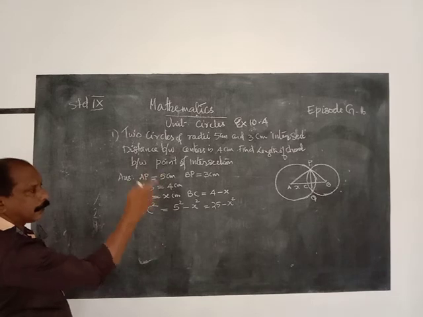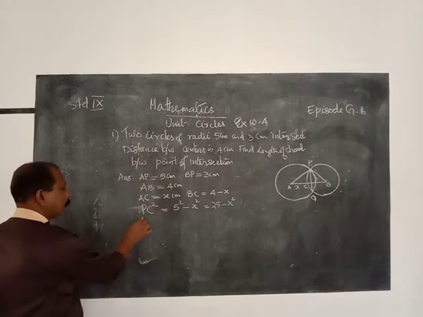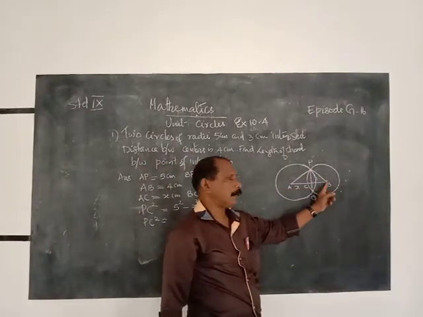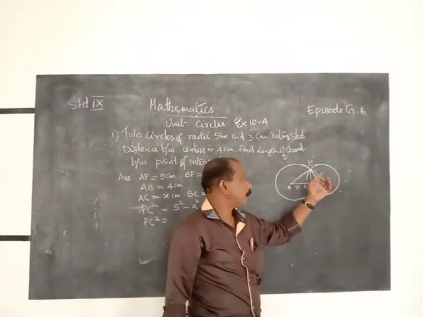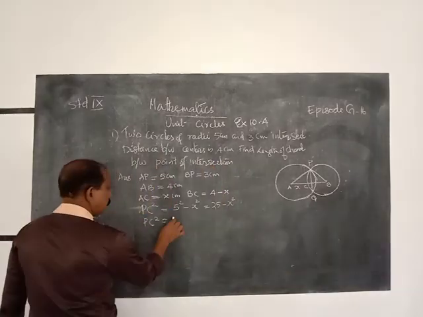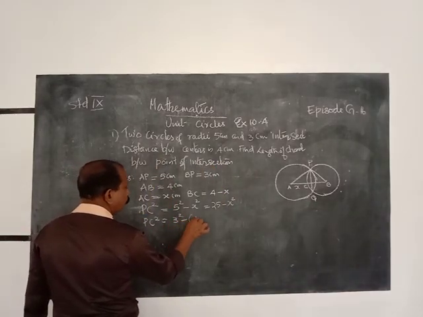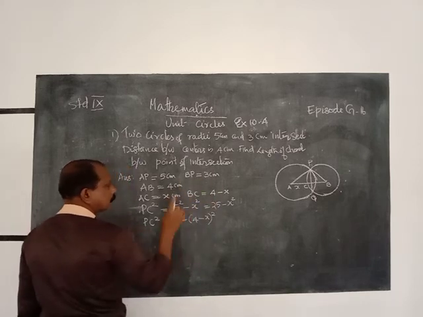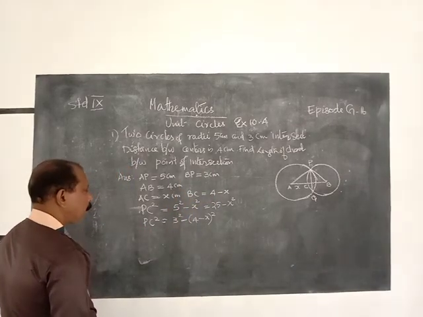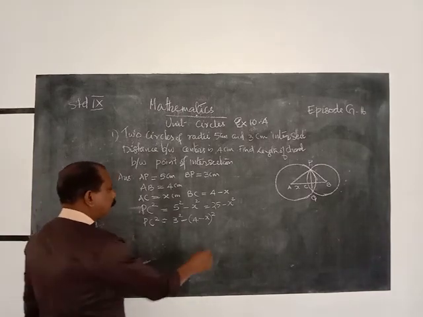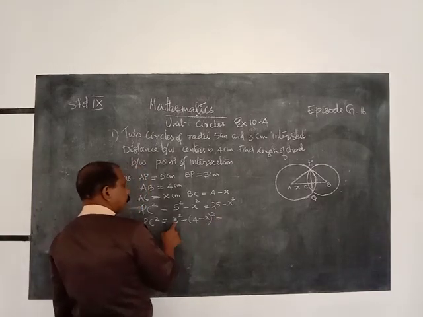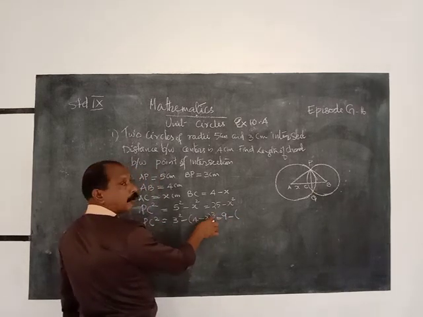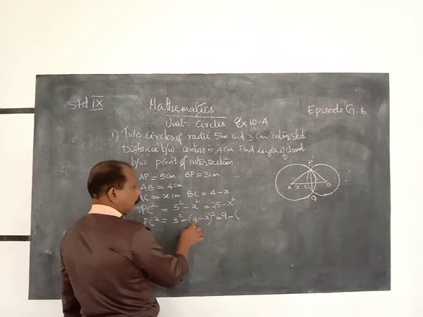And from the second triangle, PC square is equal to hypotenuse PB square minus base BC square. That is 3 square minus (4 minus x) the whole square, because BC is equal to 4 minus x. That is equal to 9 minus (4 minus x) the whole square. What is (a minus b) the whole square?